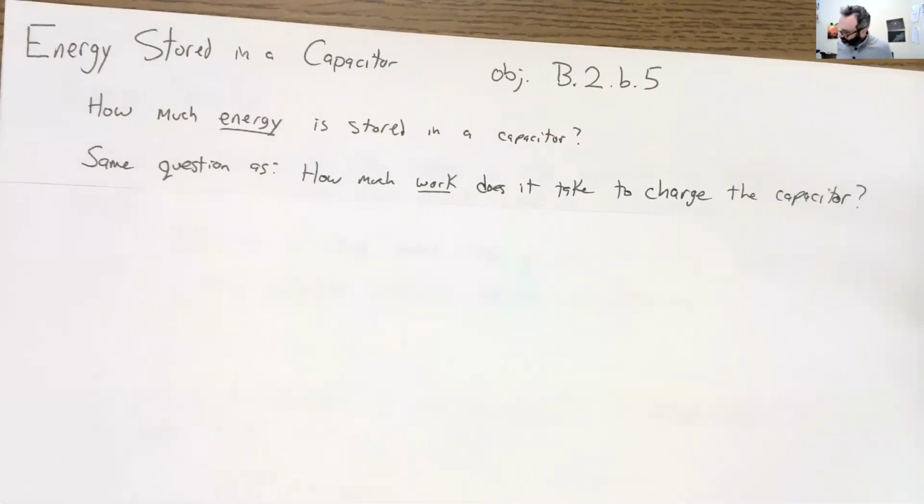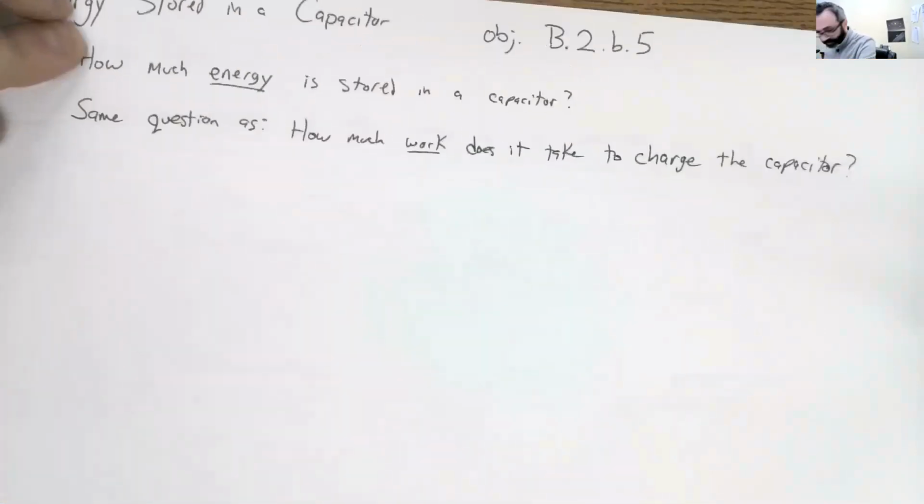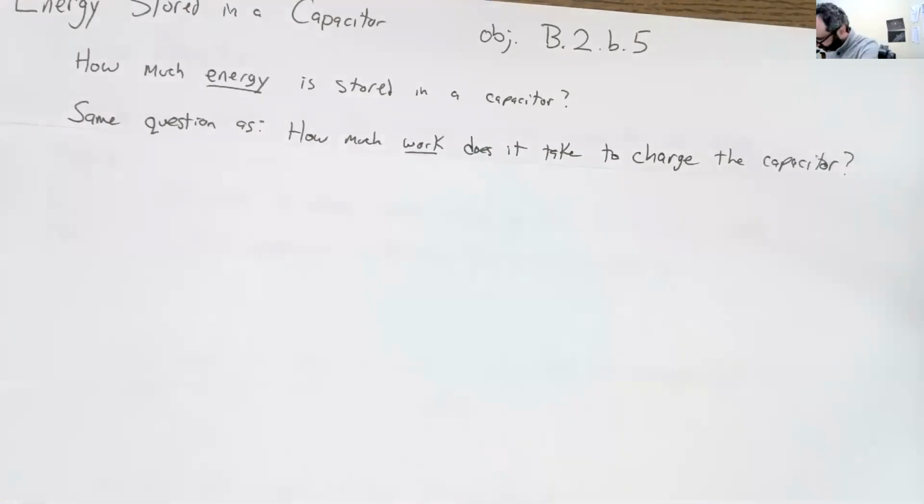If we can figure out how much work it takes, that'll tell us how much electrical potential energy is stored in the capacitor. So how do we figure out how much work there's going to be done?